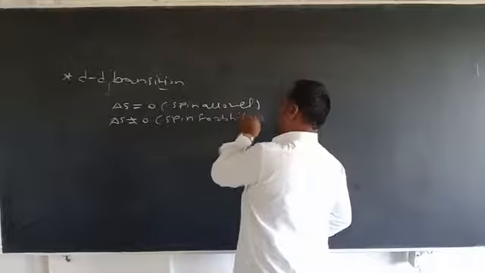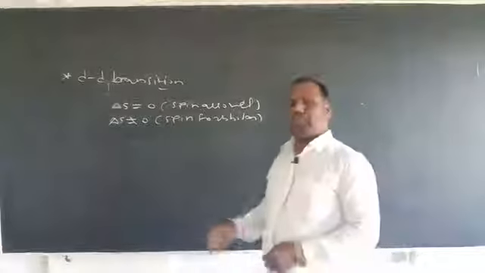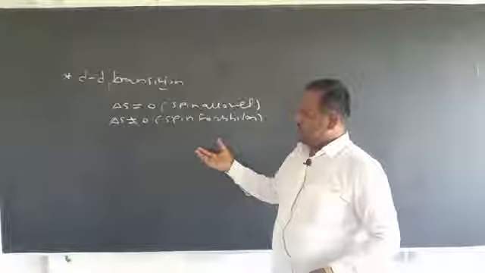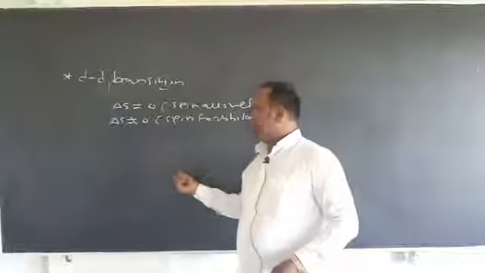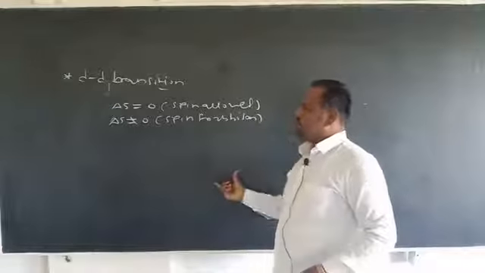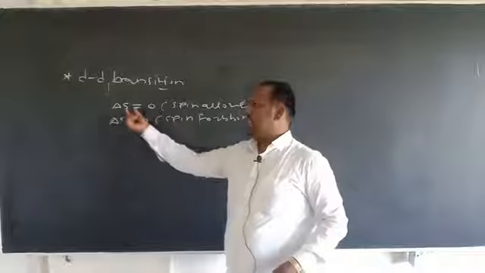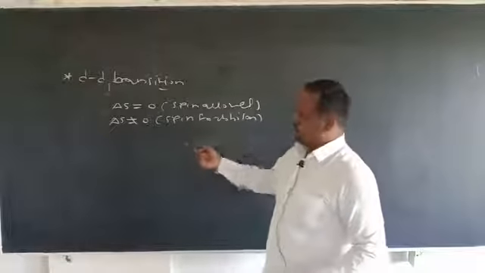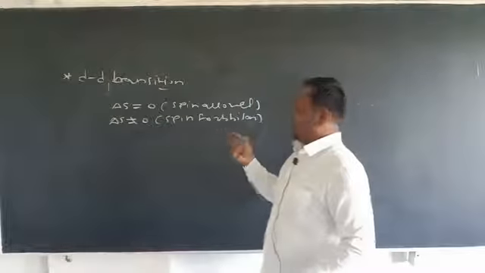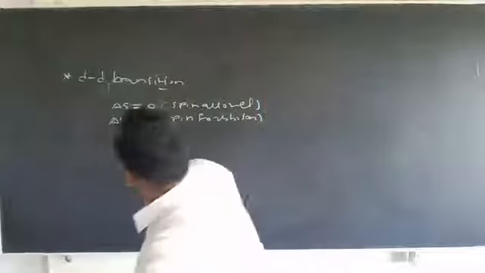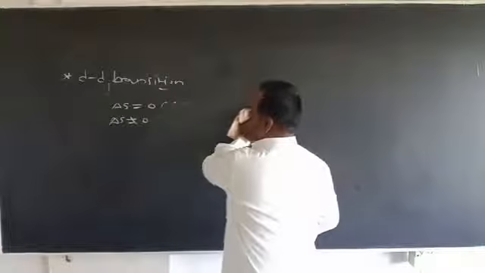These d-d transitions occur by absorption of light radiation. So we know the strong field ligand, weak field ligand, high spin complex, low spin complex, and then the selection rule: delta S equal to 0 is a spin allowed transition, delta S not equal to 0 is a spin forbidden transition. Let us see some examples of these d-d transitions.